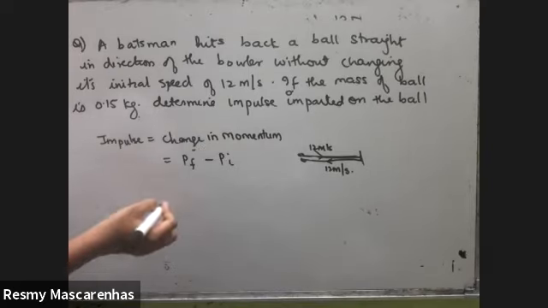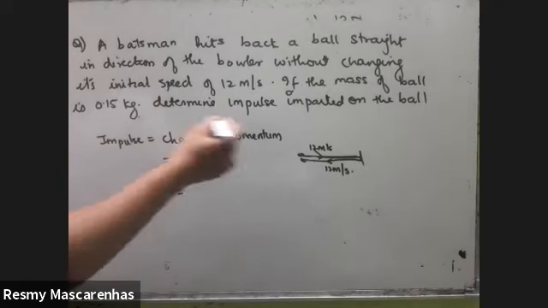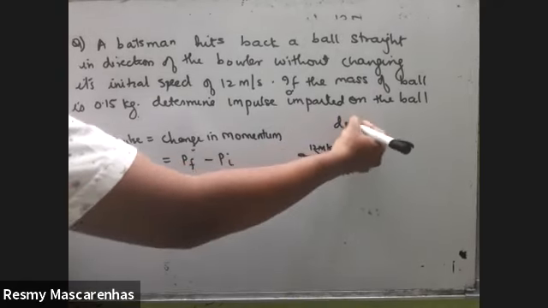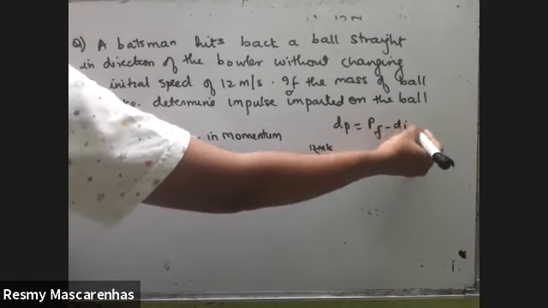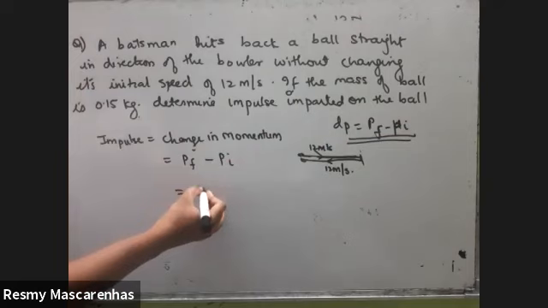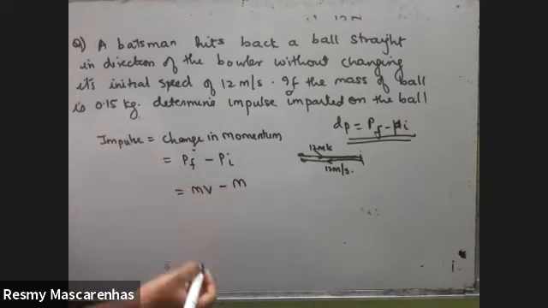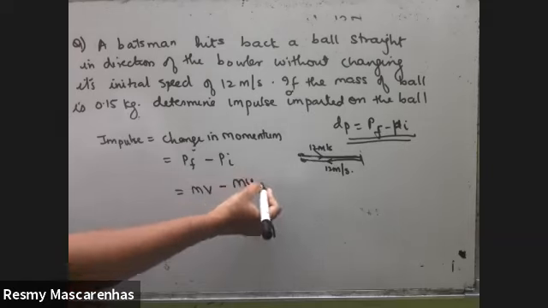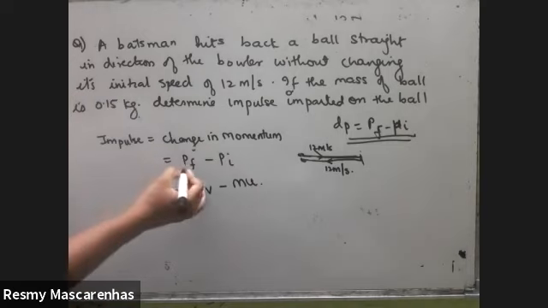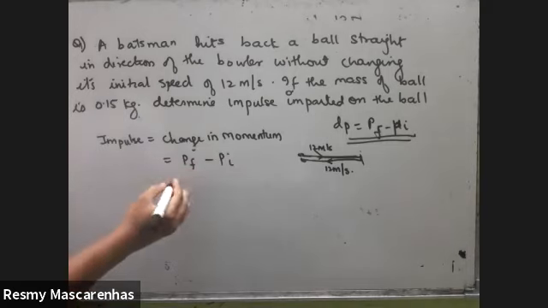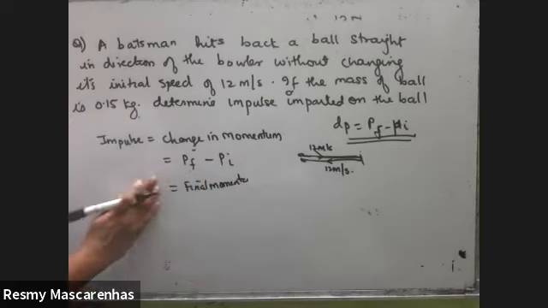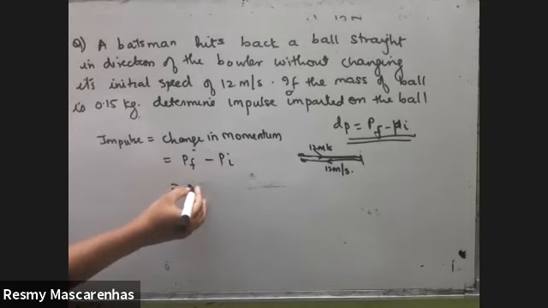So dP is nothing but change in the momentum. dP is Pf minus Pi, this is mv minus mu. If you want to write in words, this is final momentum and this is initial momentum. It's understood anyway, so we can directly write mv minus mu.